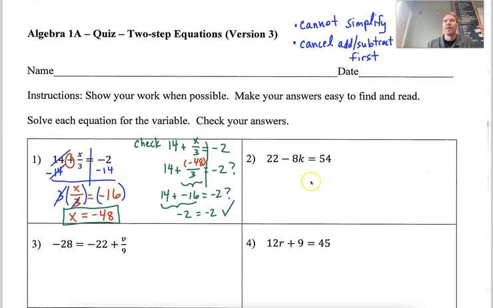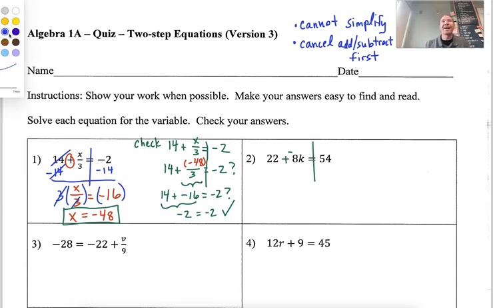So number 2, again, you can separate left side and right side. Don't worry about 54. I'm going to cancel the addition or subtraction first. This might be helpful if you want to chop slash this. Say this is 22 plus negative 8k. The reason I chop slash it, or at least in my head I think about it as chop slash, is because I'm not going to add to cancel the 22.